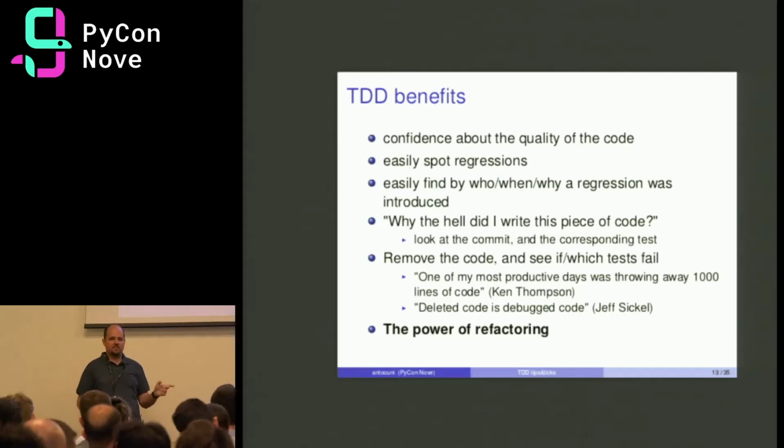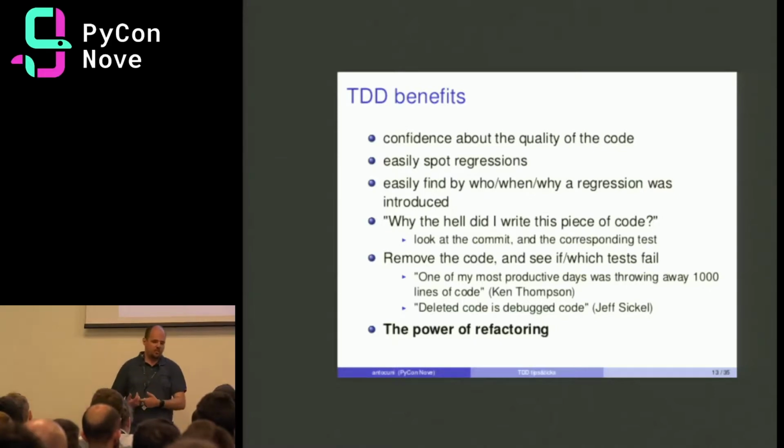If your test coverage is high, then you can just kill the lines of code, and if all the tests pass, you can be sure that your application is still working. If you delete the code, the tests are passing, and then the application has a bug, well, it means that you are missing a test. So you write a test, and next time you will notice this kind of breakage.